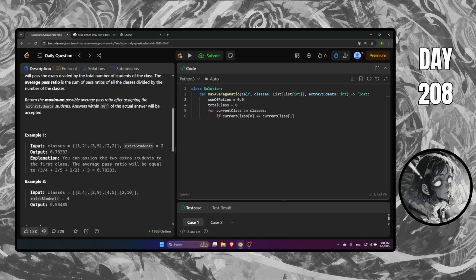I think we need to do 0.0. But here, what we're gonna do is sum of ratios plus equal.